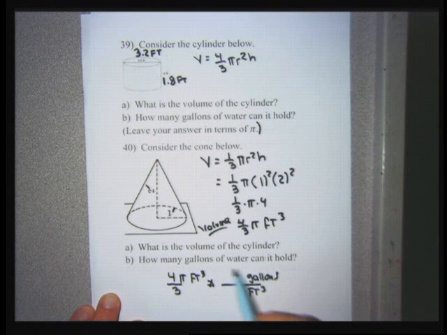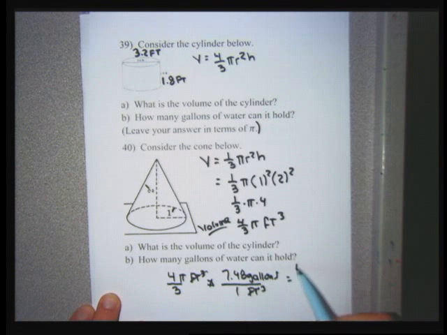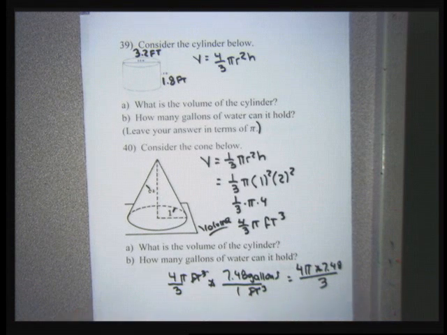And it's 7.48 gallons in 1 cubic foot. My cubic feet are going to cancel. What I'm going to be left with is 4 pi times 7.48 over 3. And I'm going to enter that without the pi, and I'm going to make it into a fraction. And I guess that's what I want you to do for yours.